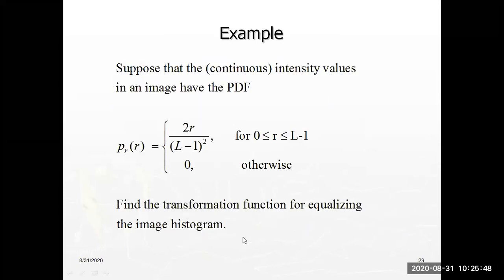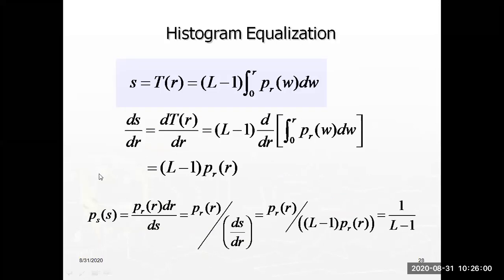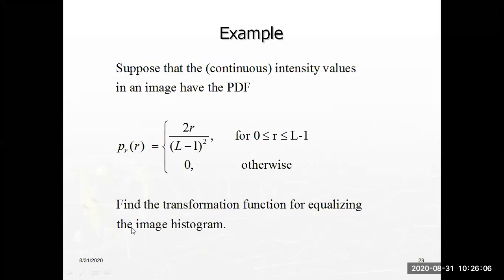So suppose PR of R equals 2R by L minus 1 whole square. Just calculate yourself. This probability density function is replaced in this formula, and definitely we can get a particular value and find the transformation function for equalizing this image. So this is an example.